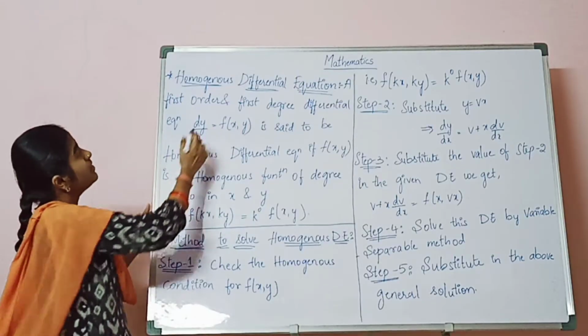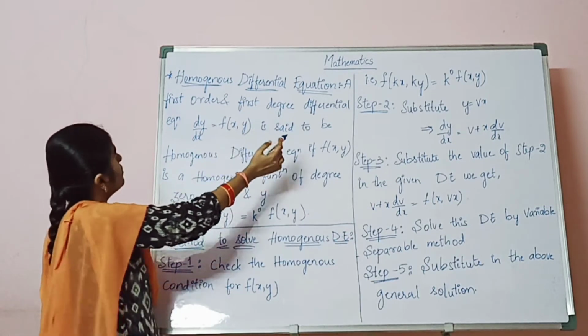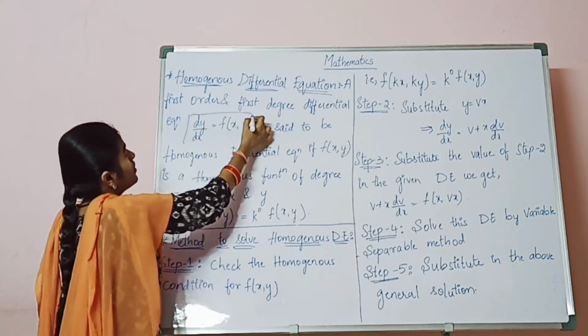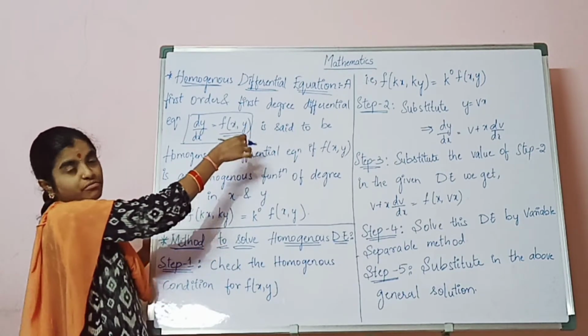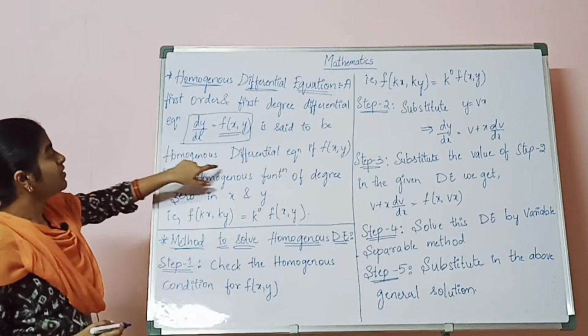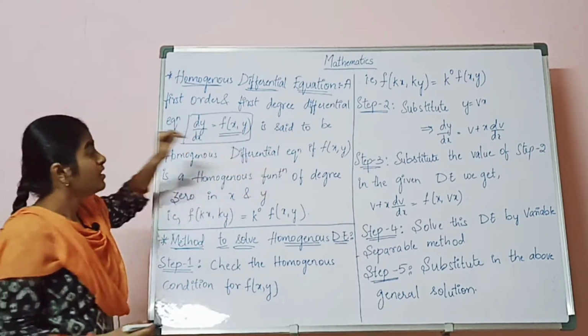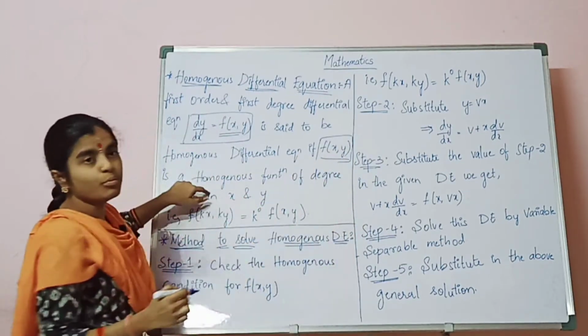Coming to next topic, homogeneous differential equation. A first order and first degree differential equation, dy by dx equals f of x comma y, is said to be a homogeneous differential equation if f of x comma y is a homogeneous function.